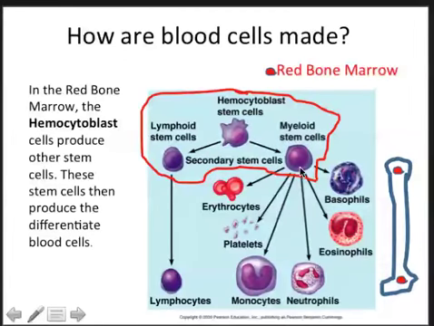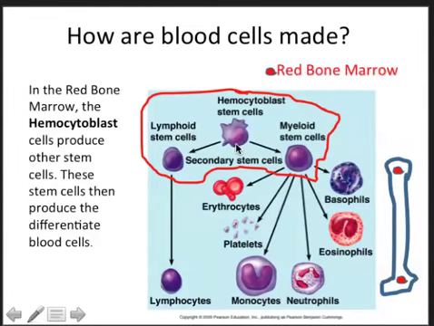So we start here with the hemocytoblast in the red bone marrow, and then depending on where the cell migrates, it will be exposed to chemical factors in the environment that cause it to produce what we call a myeloid stem cell, which is going to be fundamentally different from the hemocytoblast and will generate all of the granulocytes in addition to the monocytes, platelets, and erythrocytes.